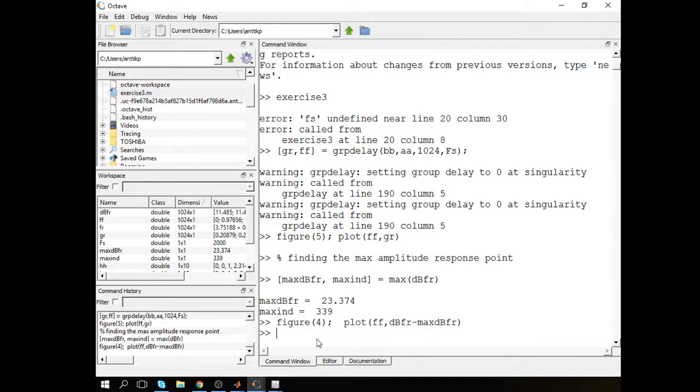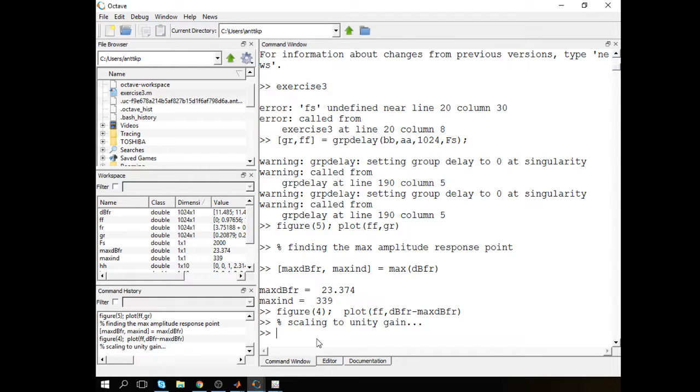So scaling to unity gain actually means that we take the B parameters and divide by the absolute value of the frequency response of B and A, then it doesn't actually make any difference on the sample rate since we are taking just the maximum value.